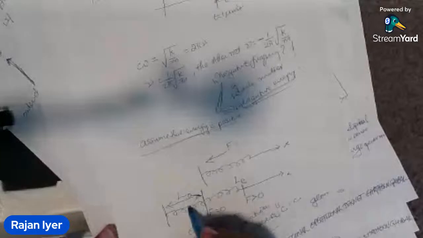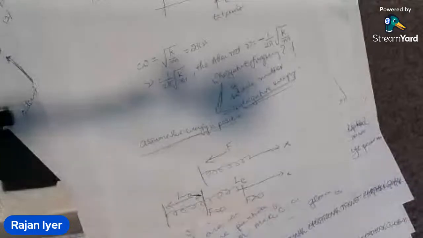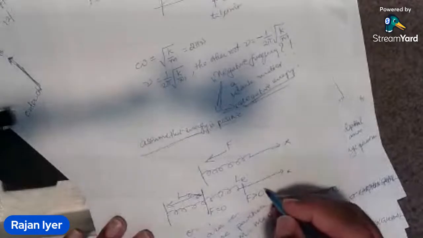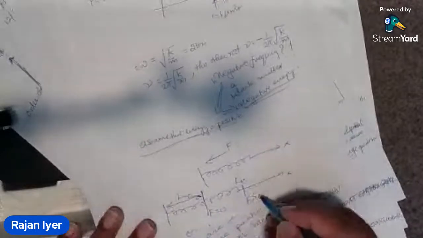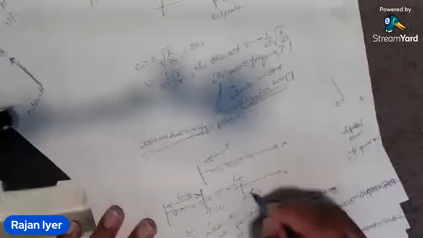By which I mean the roof. The force is becoming negative. Force is actually less than 0, because it's pointing this way, right? Okay. But if it is going here, then the force is greater than 0, right?